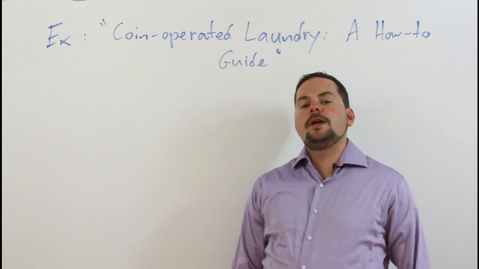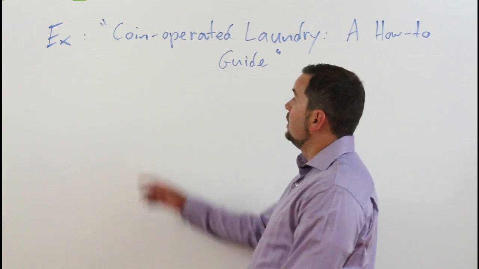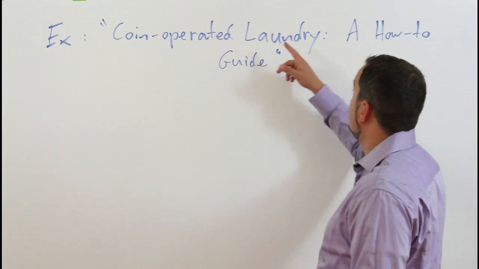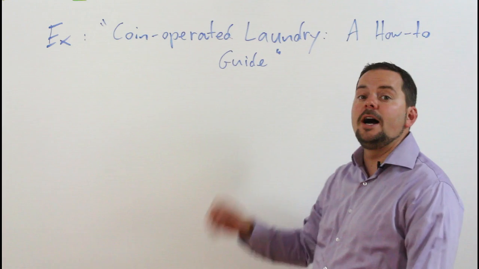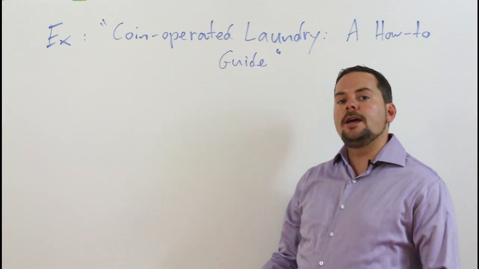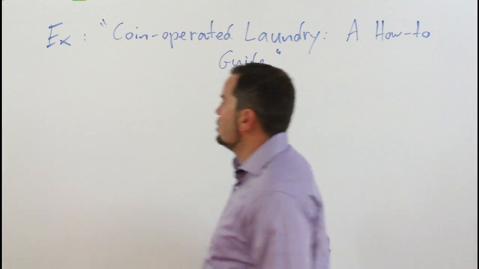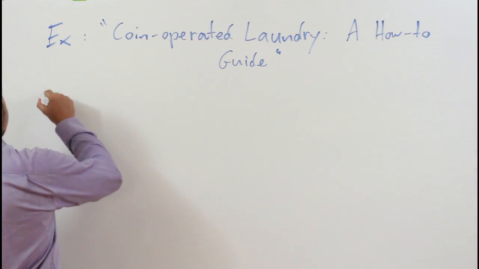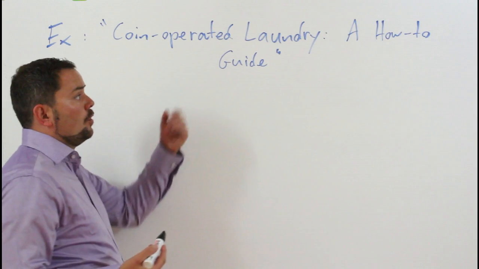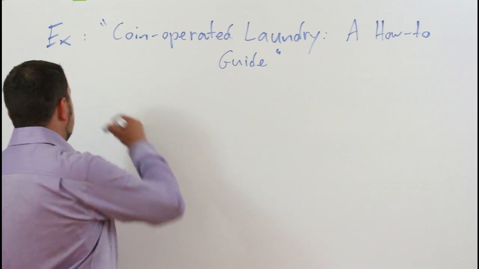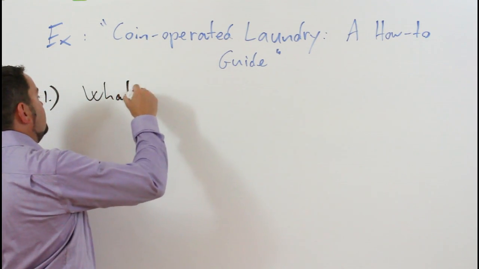Okay, so in our example, of course, the title is Coin-Operated Laundry, a how-to guide. Now, again, what we want to do here is ask what, why, and how. So the first question that we're going to ask is, what is a coin-operated laundry?